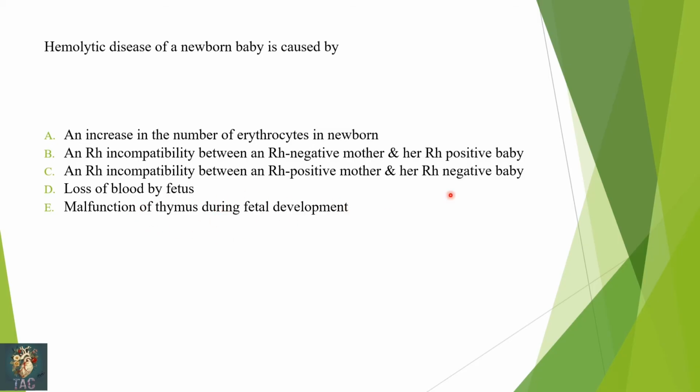So the correct option is Rh incompatibility. When the mother is Rh negative, she does not have the antibodies, and when the baby is Rh positive, its antigens cross the placenta, enter maternal blood, and produce an antigen-antibody response. These antibodies then re-enter fetal blood and cause erythroblastosis fetalis. So the correct option is B.